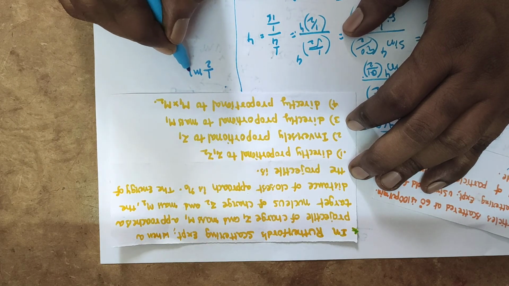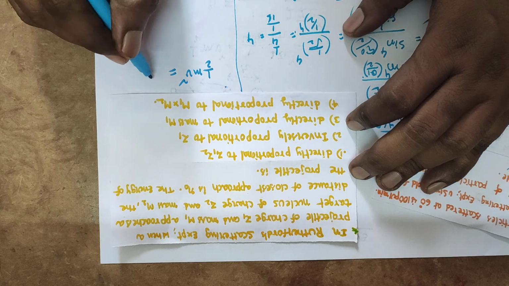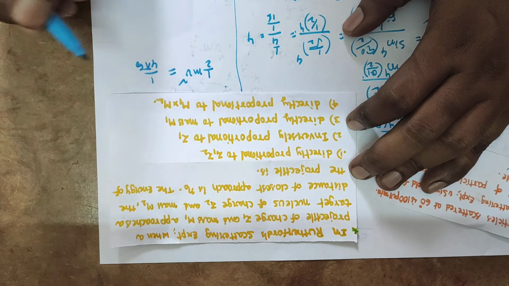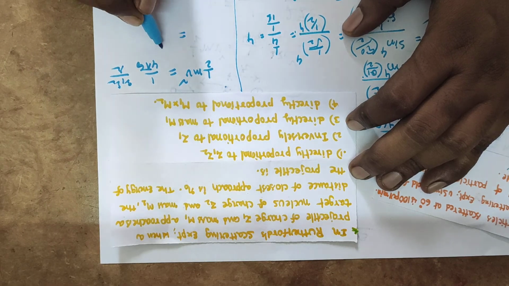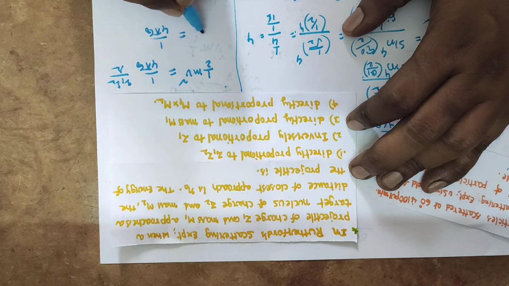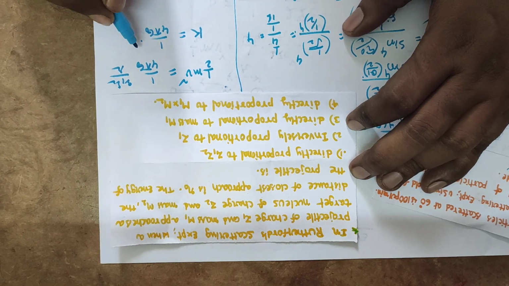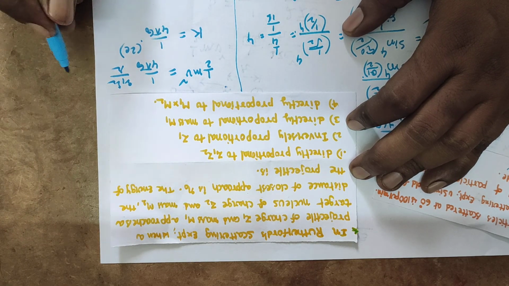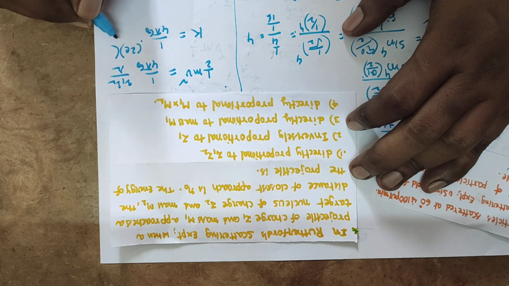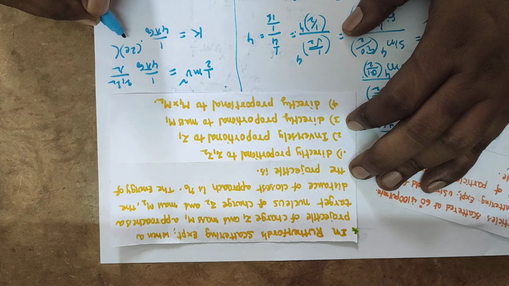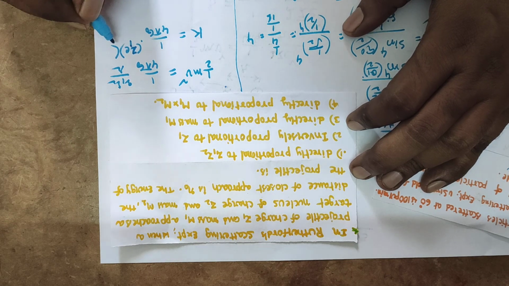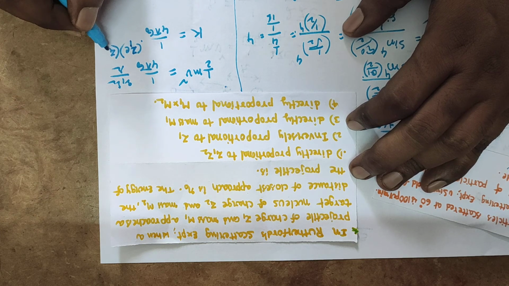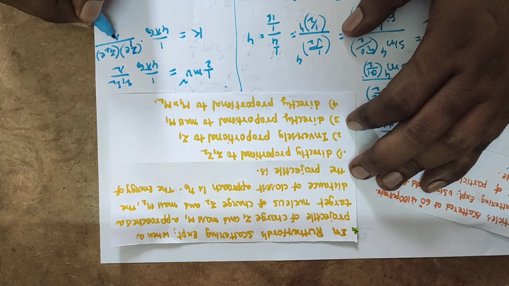Kinetic energy of the alpha particle is equal to potential energy, that is 1 by 4 pi epsilon naught into q1 q2 divided by r. That is equal to 1 by 4 pi epsilon naught into q1, the projectile charge, that is Z1 into e, into q2, the nucleus charge, that is Z2 into e, divided by r naught.